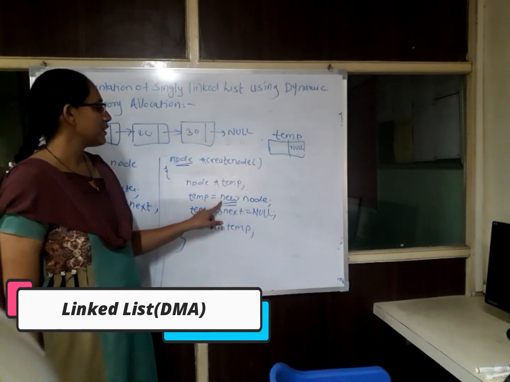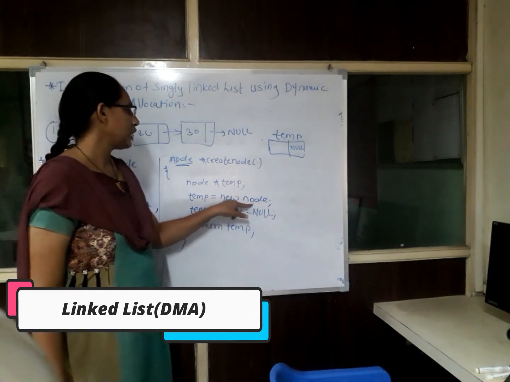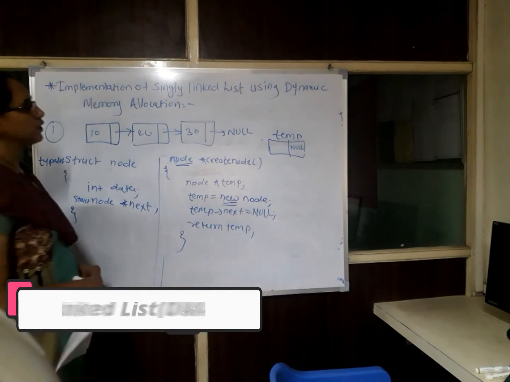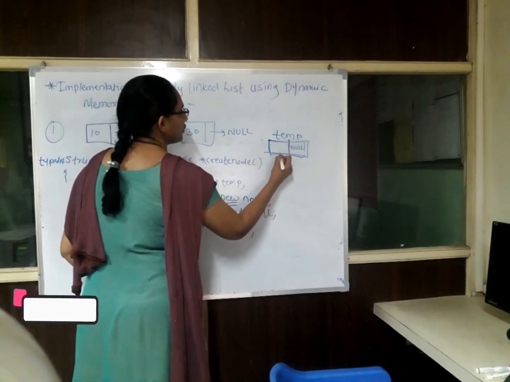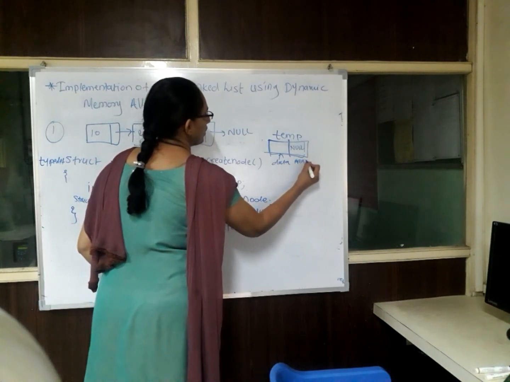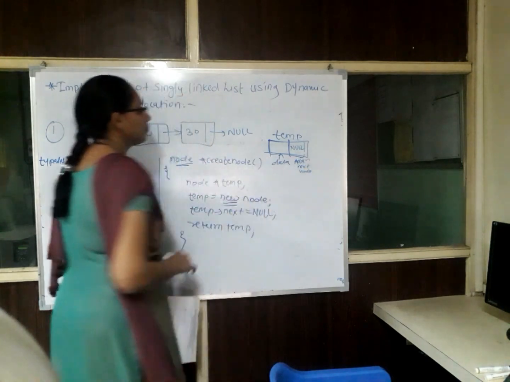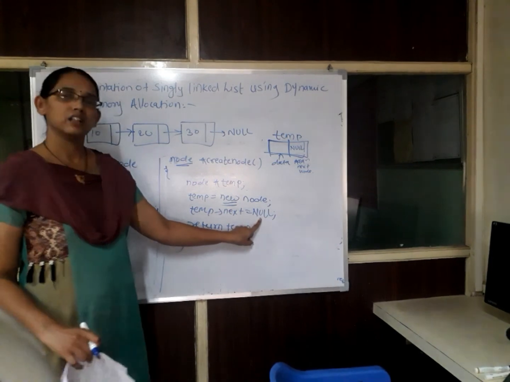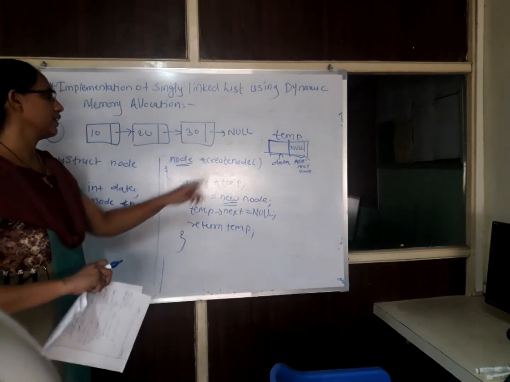The new operator always allocates memory for the node type of data. Node type of data means node contains two parts, data and next. So it will hold the memory space that is divided into two parts, data and address of the next node. Because here we are creating only one node, its next is NULL, and it returns that address to where we have called this createnode function.